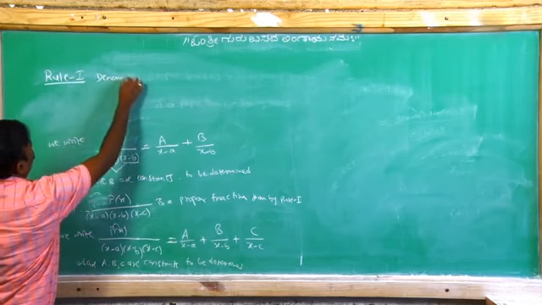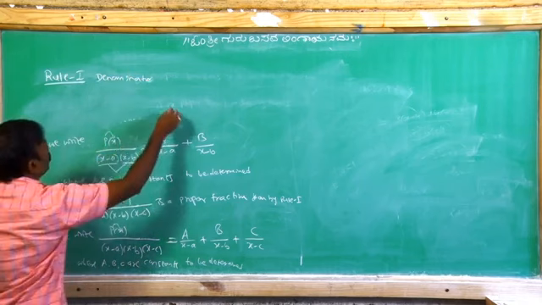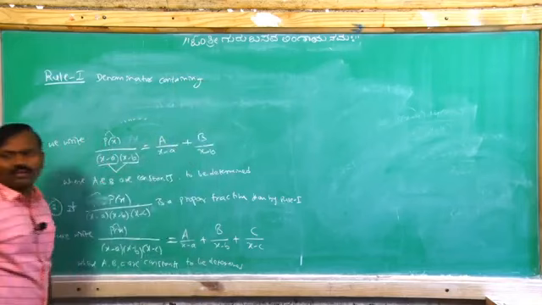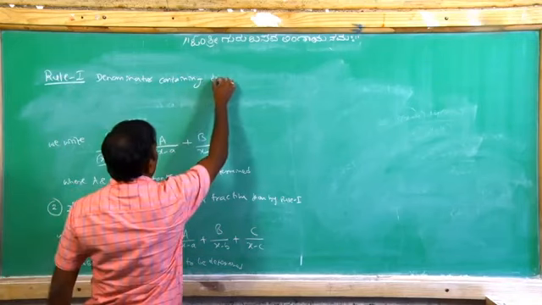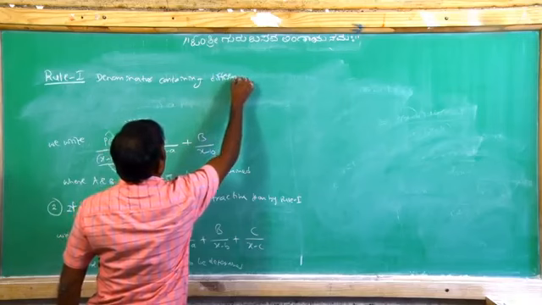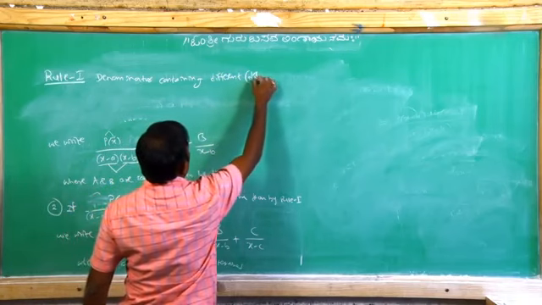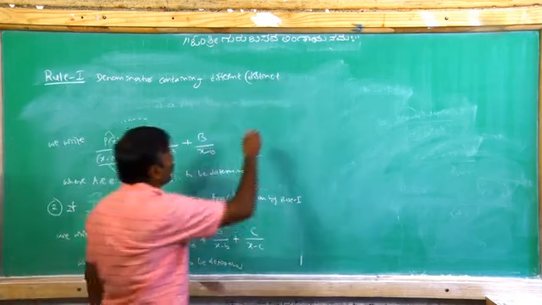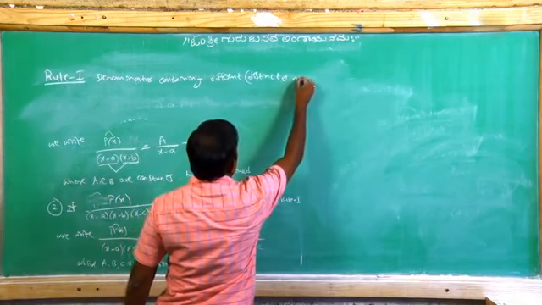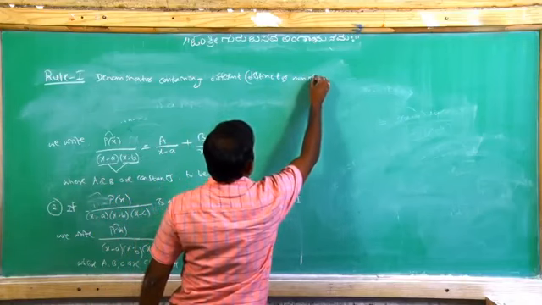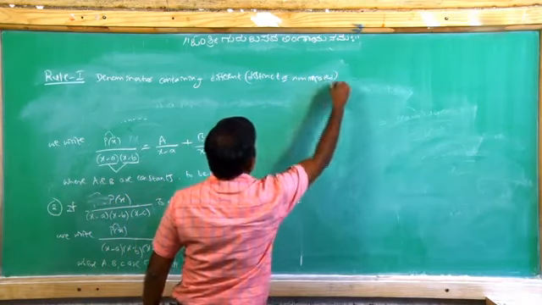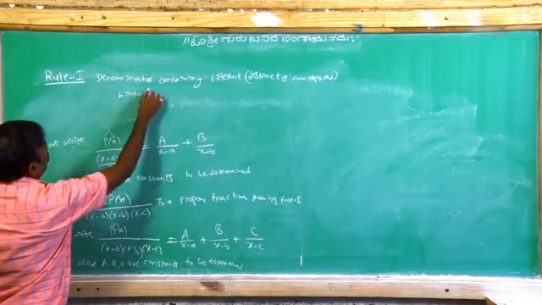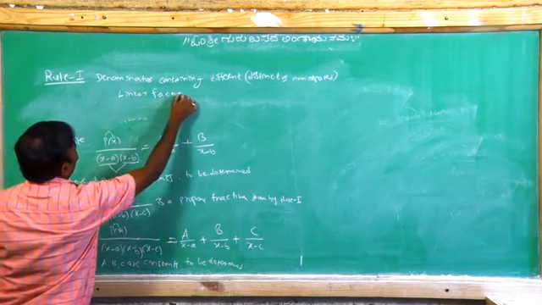The denominator containing different linear factors, meaning distinct or non-repeated linear factors, then only we can use rule 1.